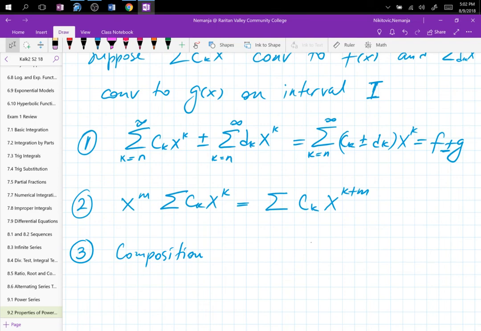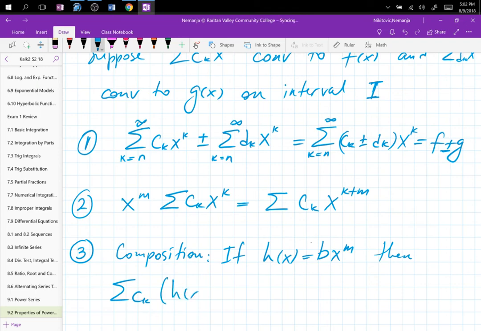Function composition says if h of x is equal to b x to some m, then summation c_k of h of x to the k converges to a composite function.